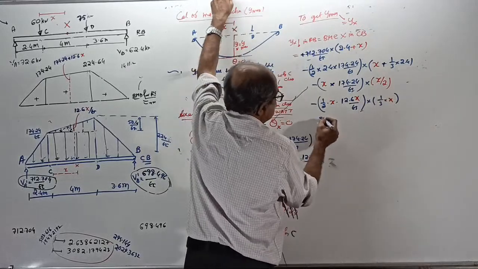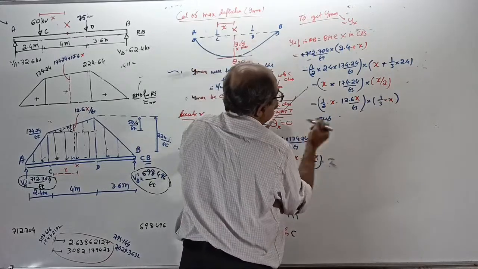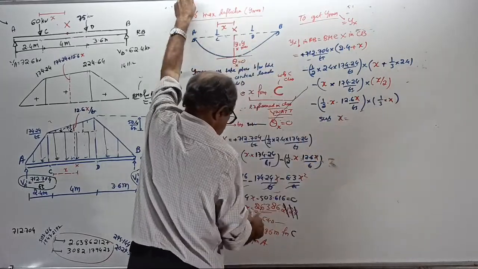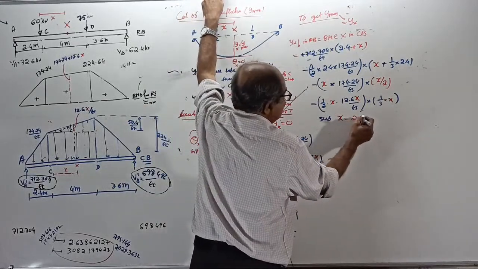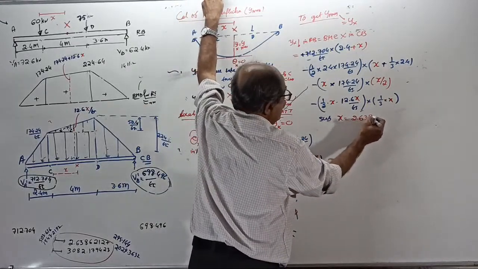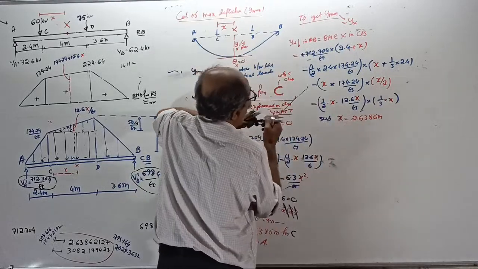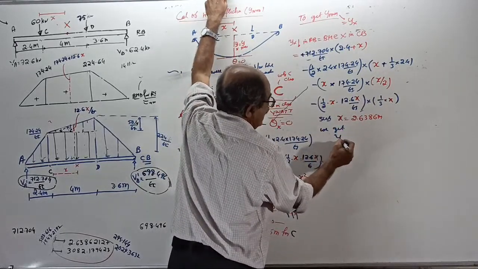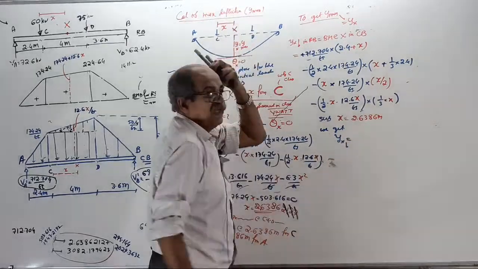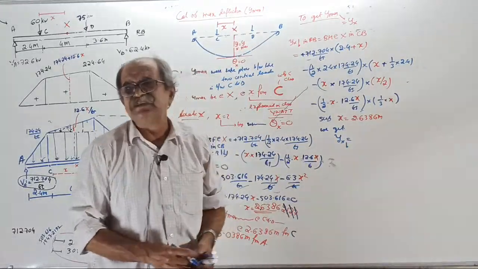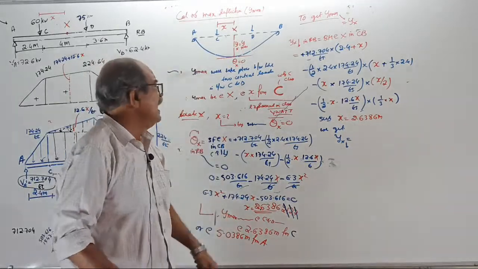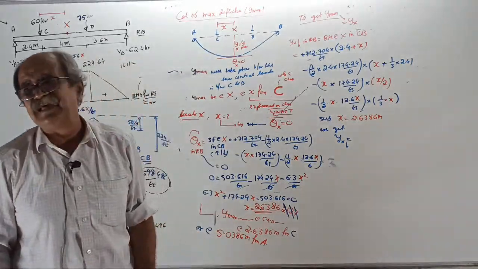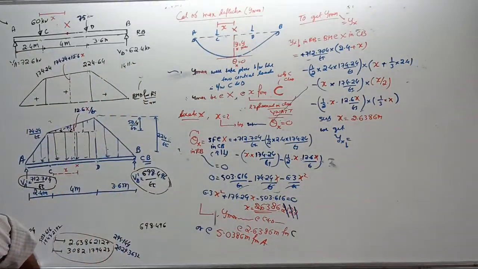Calculate. Now substitute x equal to 2.6386 meter. Therefore, we get y at x downward equal to, now shall I wait for the answer or I already know the answer? Shall I write the answer instead of waiting for you to calculate?